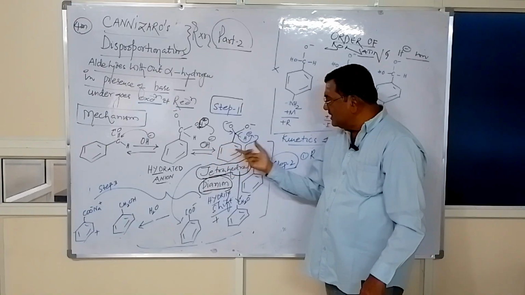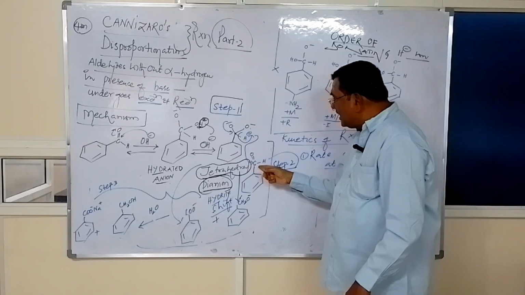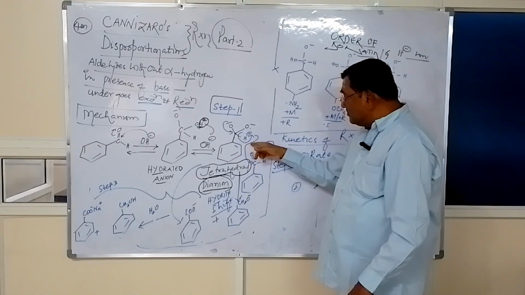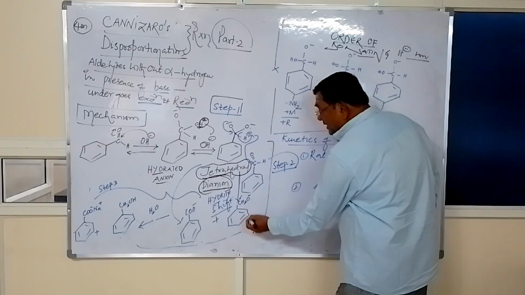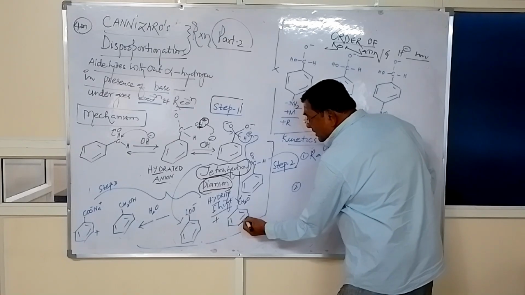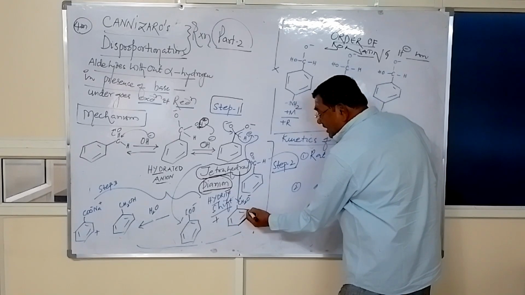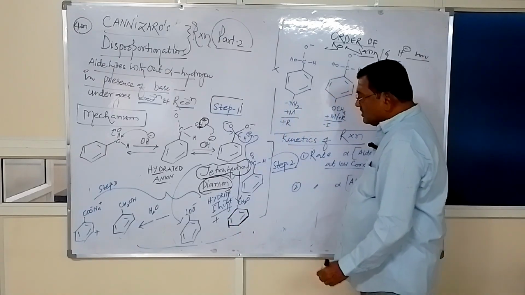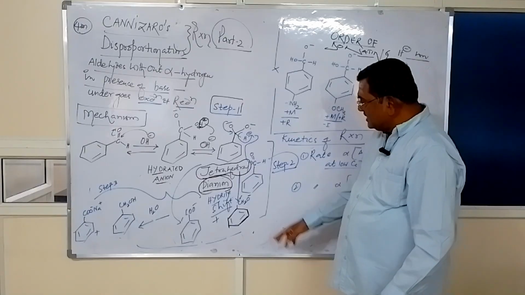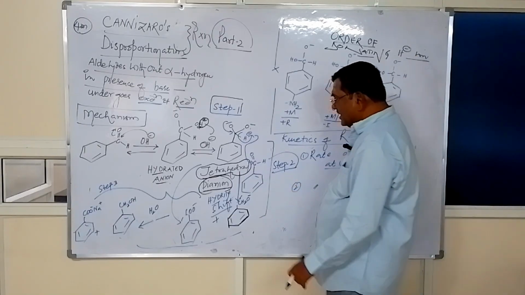Here, it's going to shift the hydride ion to the carbonyl carbon. Again, it's a nucleophilic addition. So that it's going to give us what's known as the benzoxide ion, benzyl oxide ion, or you can say alkoxide ion, substituted alkoxide ion.